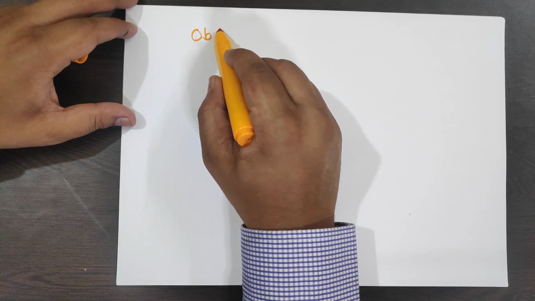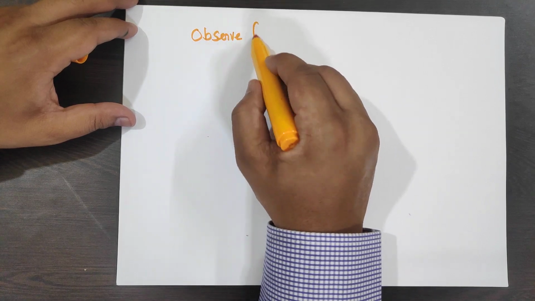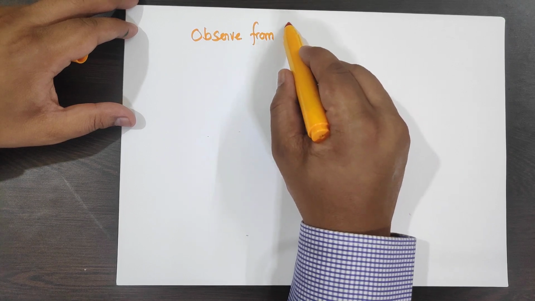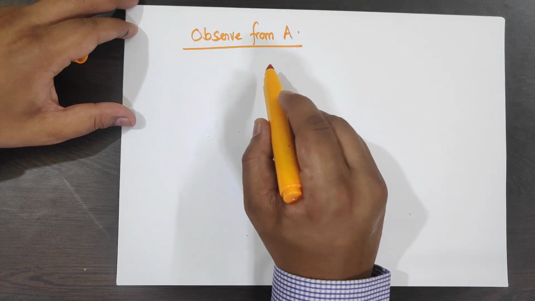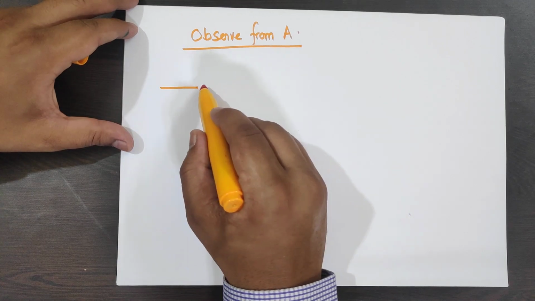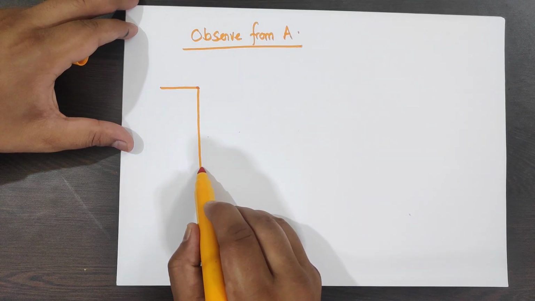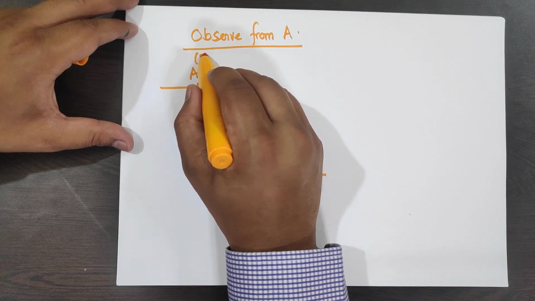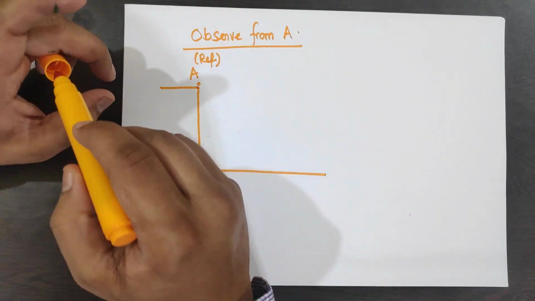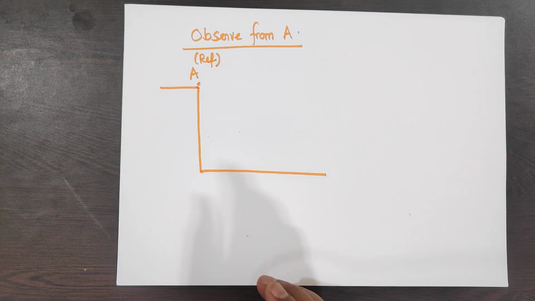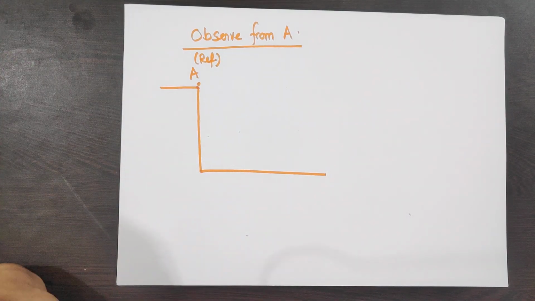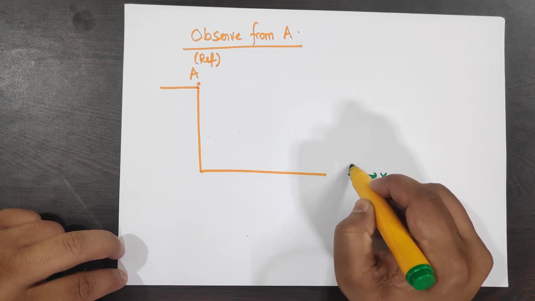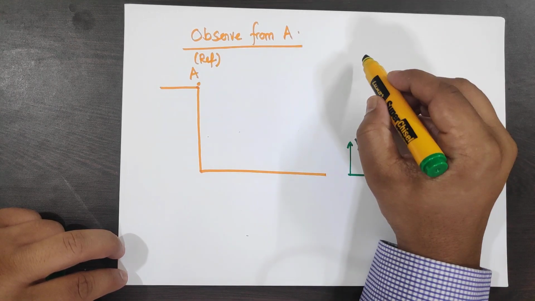So we can observe from say A or B. Suppose observe from A, or you can also observe from B if you like. Observe from A means now this A becomes the reference frame, so A will be at rest with respect to A. Now say you construct the axis x and y like this.